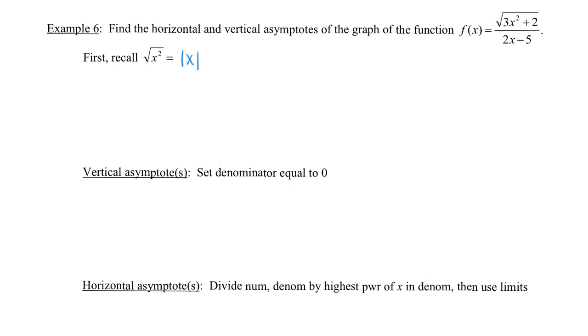And what you see is that since the square root of x squared equals the absolute value of x, it's basically because the square root of x squared is equal to x for positive values.